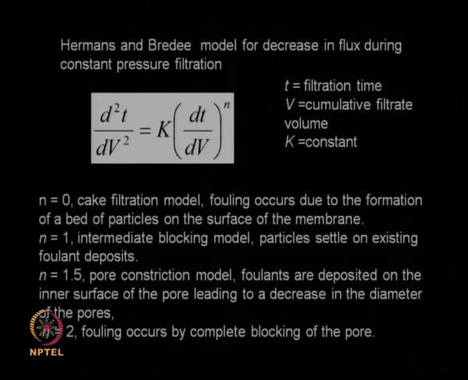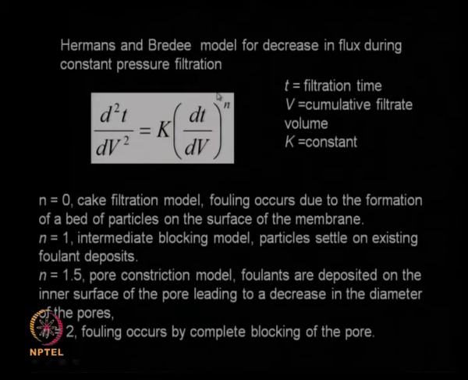That means we are applying the same pressure but still the flux will keep decreasing, and Hermans and Bredée have developed a model given by this equation: d squared t by dV squared, that is the second derivative of t with respect to V, is equal to K into (dt by dV) raised to the power n. t is your filtration time, V is your cumulative filtrate volume and K is a constant.